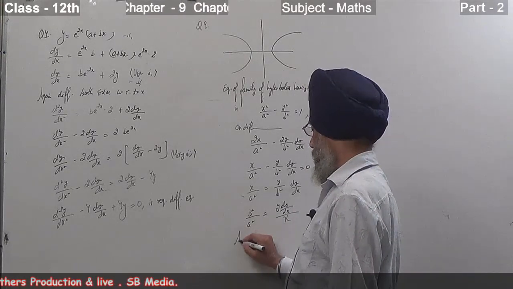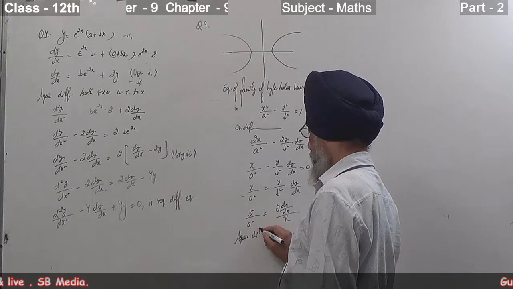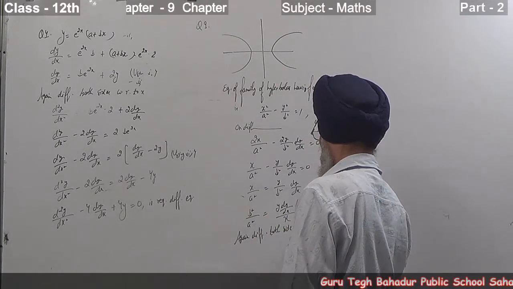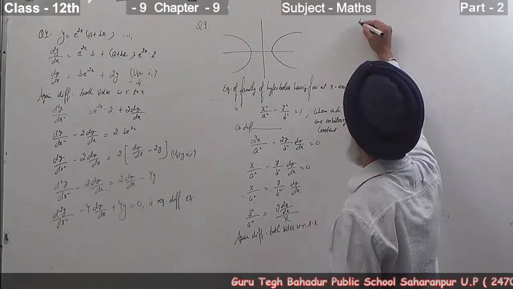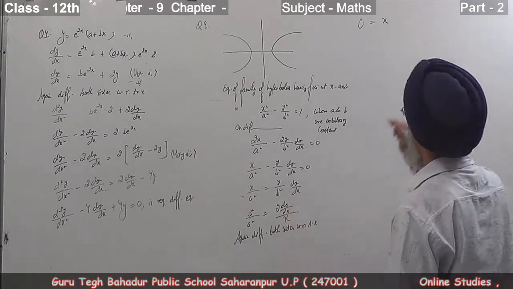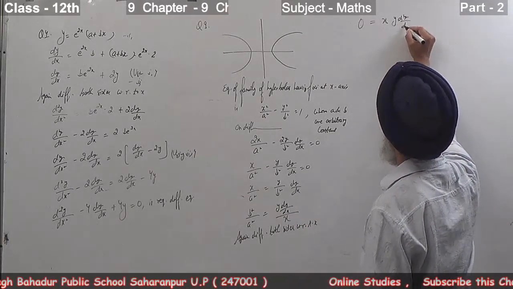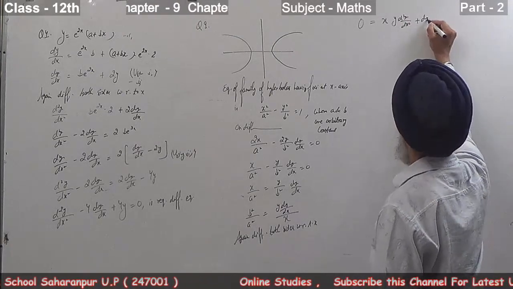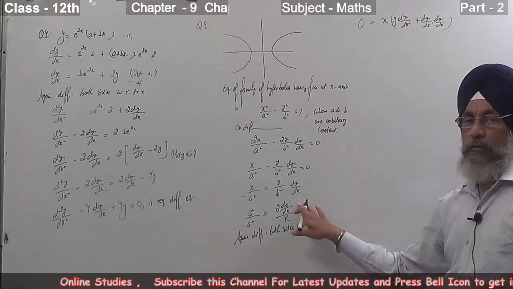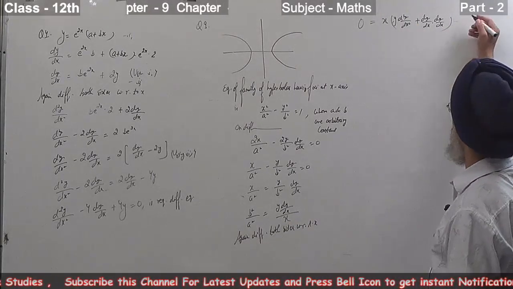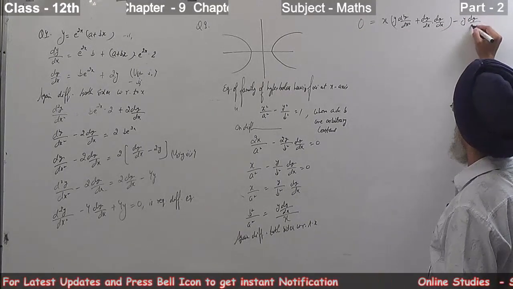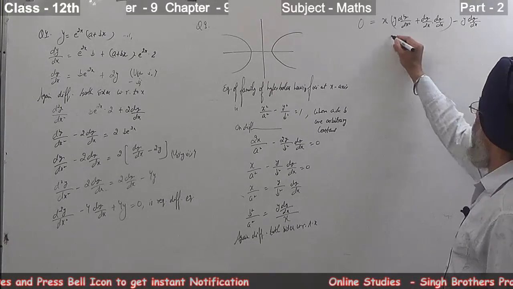Again differentiating both sides with respect to x, it is 0 equals, applying the quotient rule here, x as it is, differentiation of y dy by dx, which is y d square y upon dx square plus dy by dx into dy by dx, minus the differentiation of x, which is 1, times y dy by dx, upon square of x.